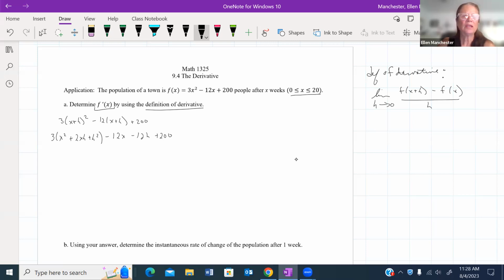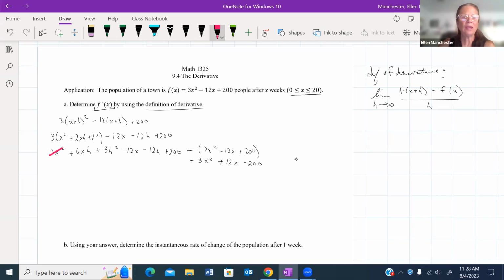Then we keep distributing and simplifying as much as we can. So distribute that 3. Now we're going to subtract off the original function, which means that negative gets pushed through, which changes the sign on all parts within the parenthesis.